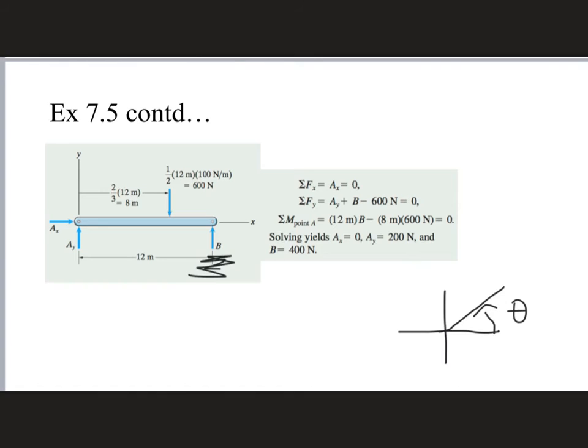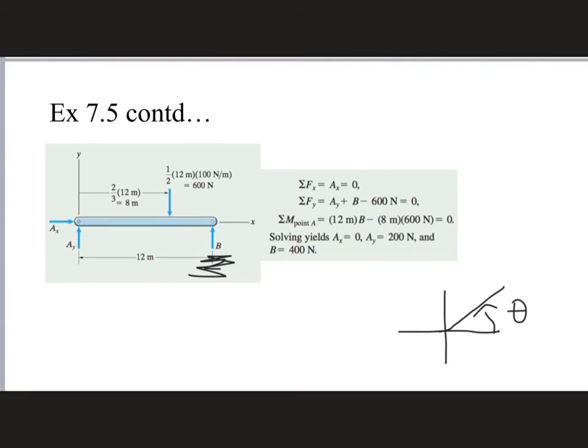Now, ignoring B and considering just this 600 newton force acting here, pulling it down, if it were free to move about that hinge, that would create a clockwise rotation. And so that moment, or that torque, is going to be negative.